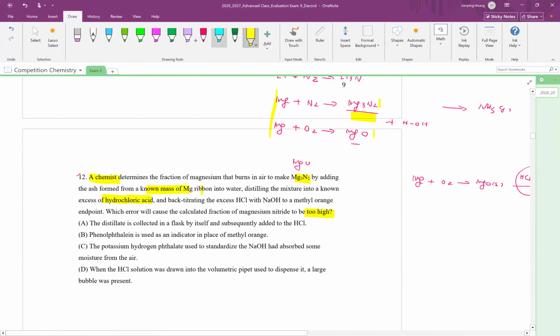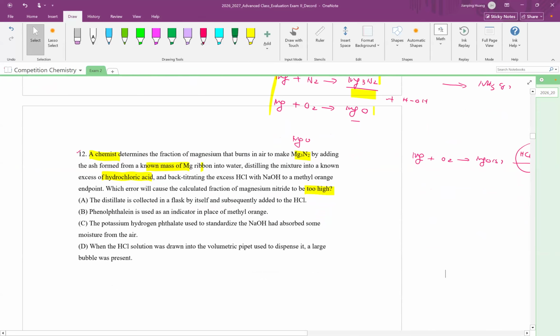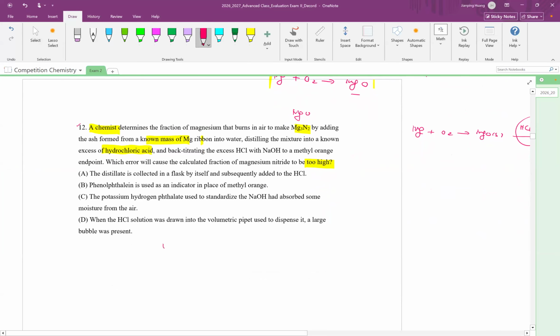Now look at the reaction. So for this one, the experiment is what? Magnesium nitride, Mg3N2, is a solid. When you add it to the water, we have a double replacement. Do you remember, when reacting with water, you always write H-OH.